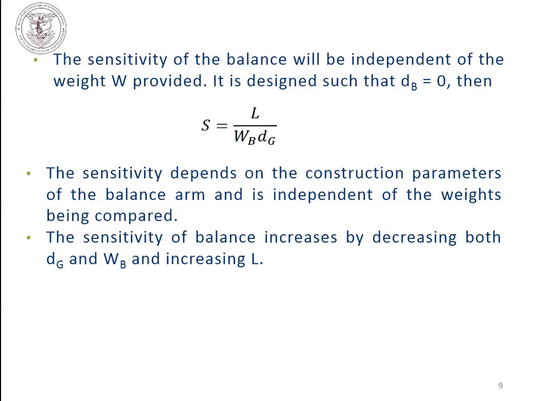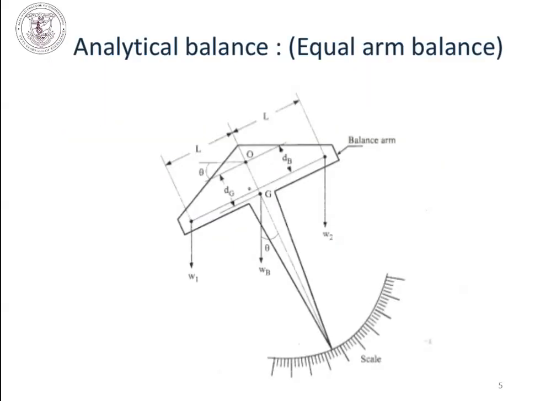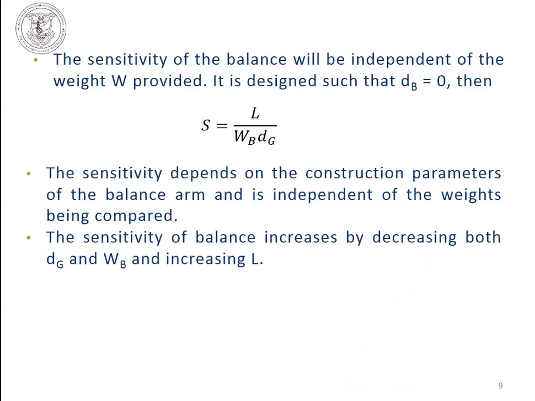So the sensitivity of the balance is independent of the weight that has been provided. In what condition is it independent of that? If you reduce the length of dG and dB, you can increase the sensitivity of the balanced arm.